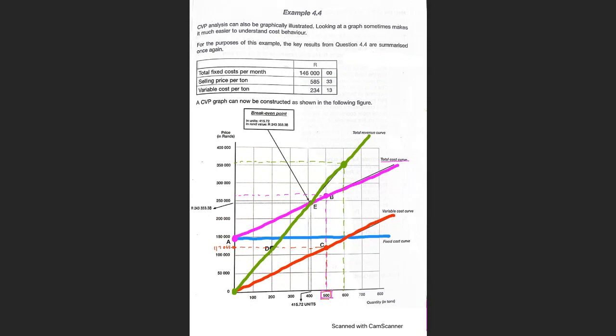I'm just going to write that out for you here: where your total revenue is equal to your total cost, and that is here. This is your total revenue curve, this is your total cost curve, and where they intersect is point E here. This is your break-even point.